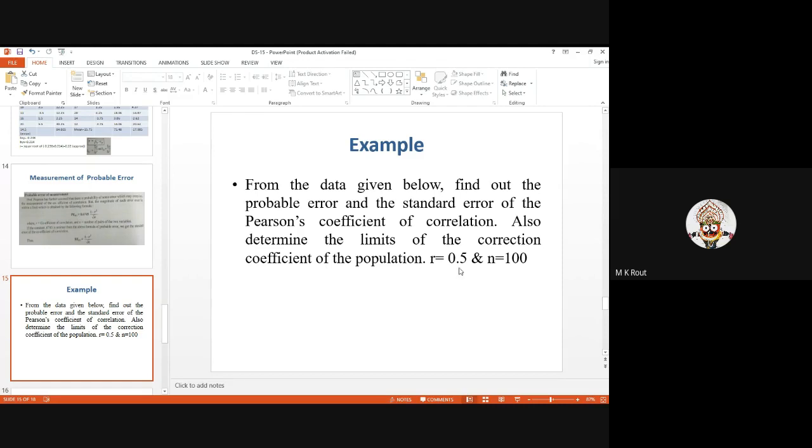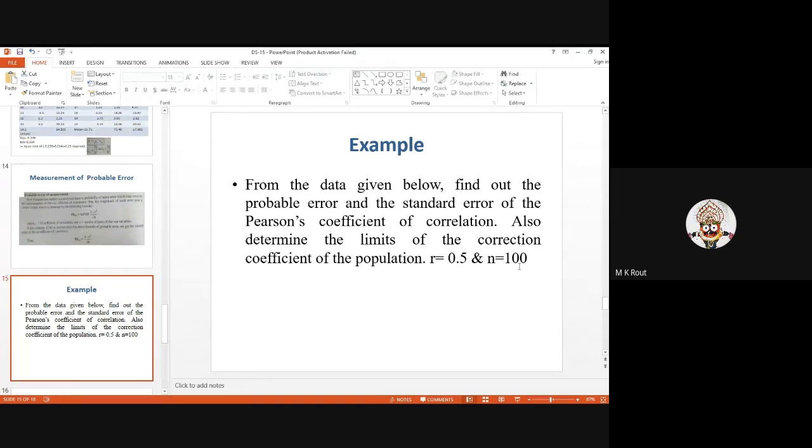Here r is given as 0.5 and n is given as 100. The formula for probable error is 0.6745 times 1 minus 0.5 whole square divided by square root of 100.